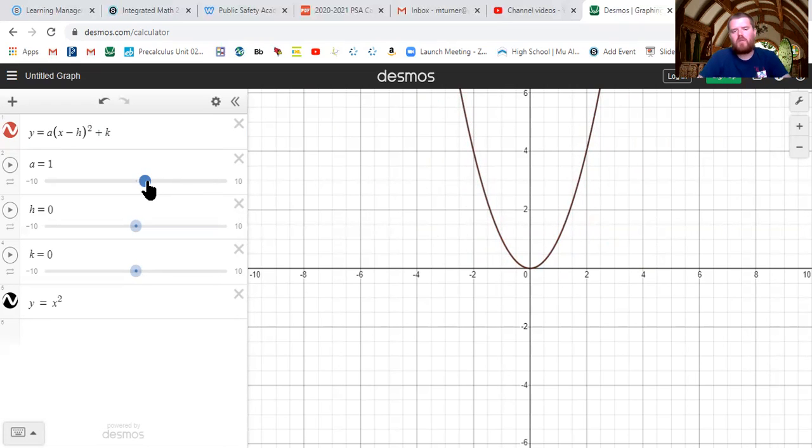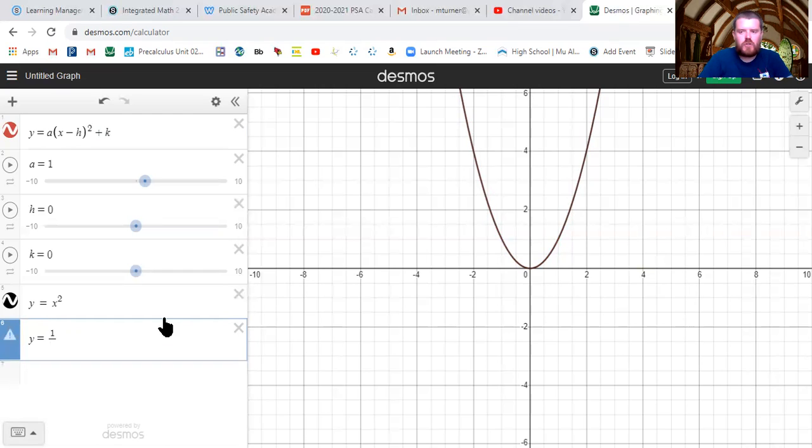h moves my graph left and right. k moves my graph up and down. So describe a graph that has been made twice as wide, has shifted left 4 units and down 4 units. If I'm saying it's wider, that tells me it has to be a fraction.